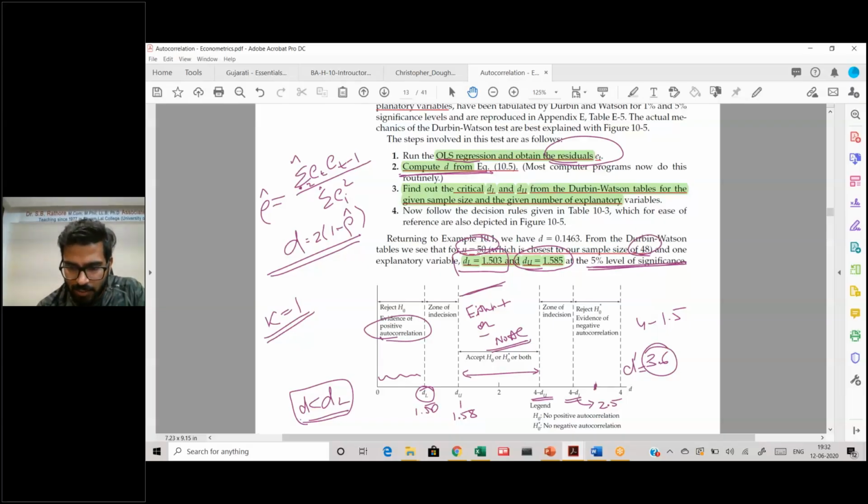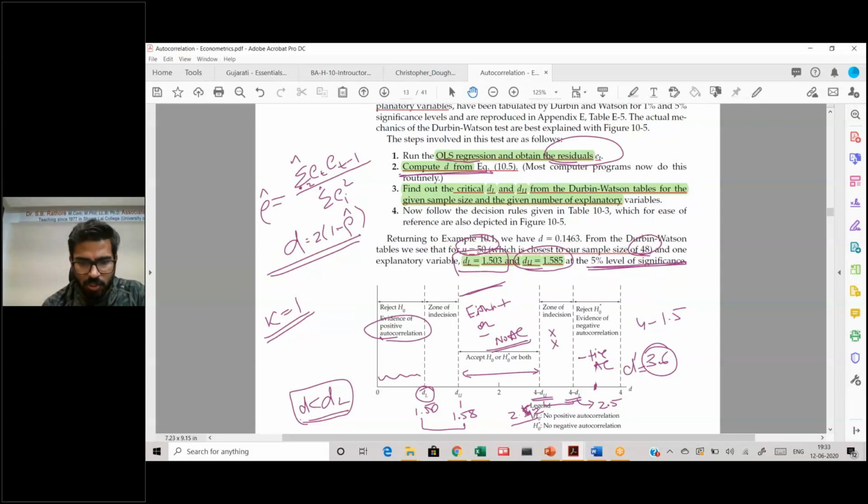That shows your data definitely has negative autocorrelation. But if your d statistic is in this range, 1.2 or 2.2, or if it's in the range 2.4, or in this range, then you cannot make a decision here.